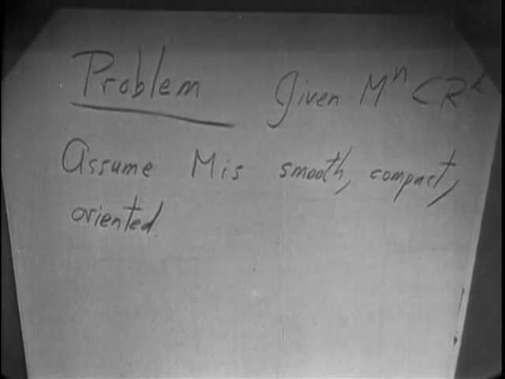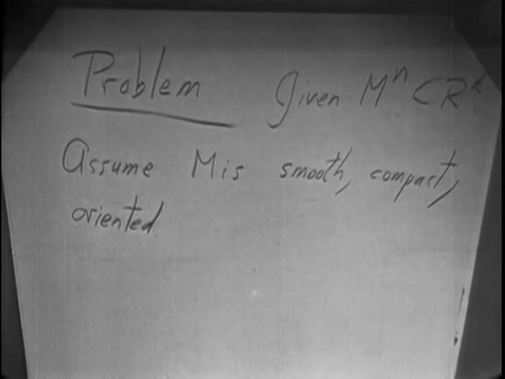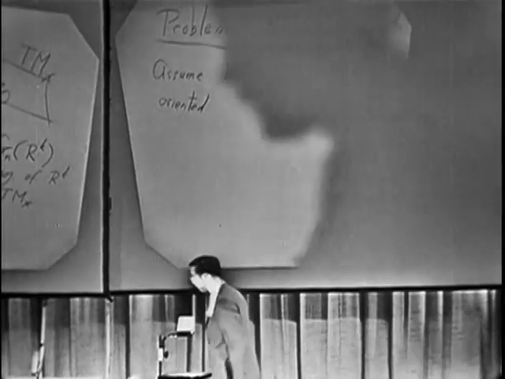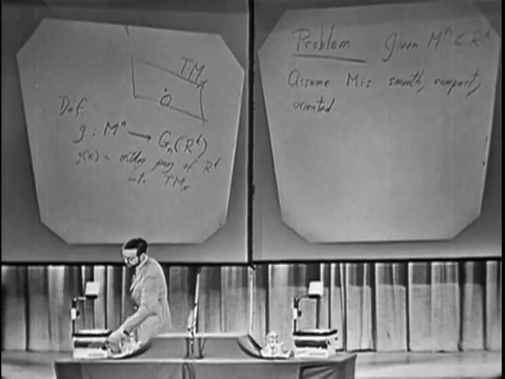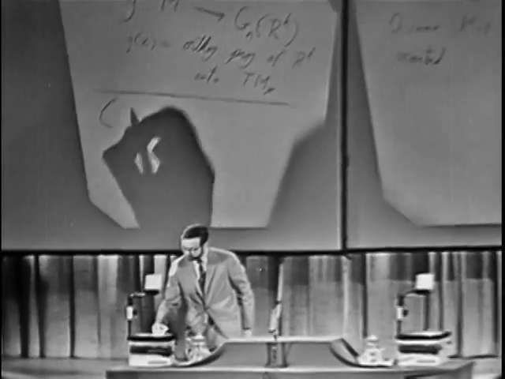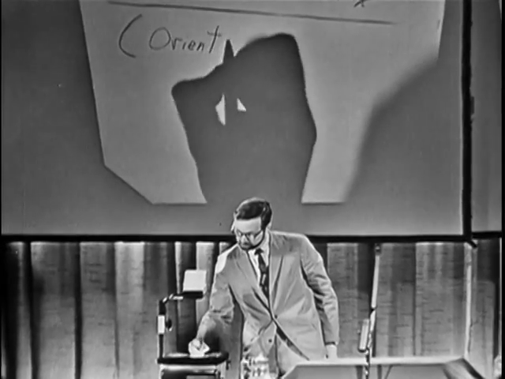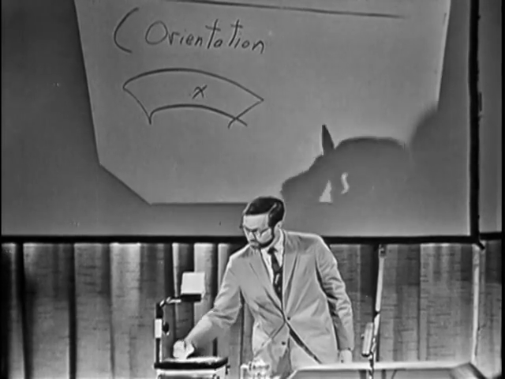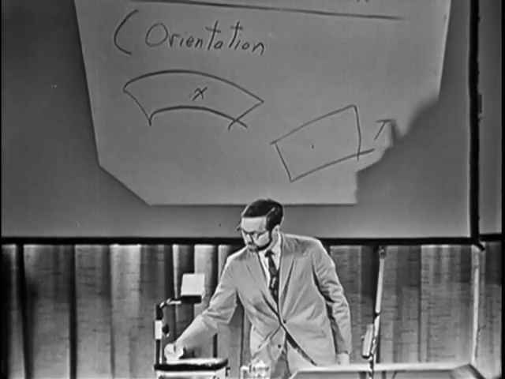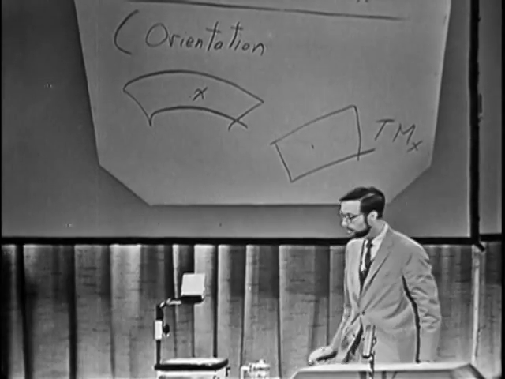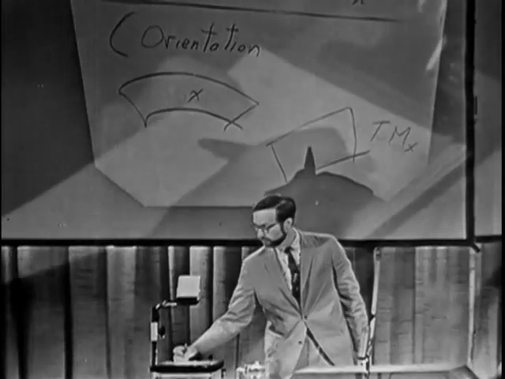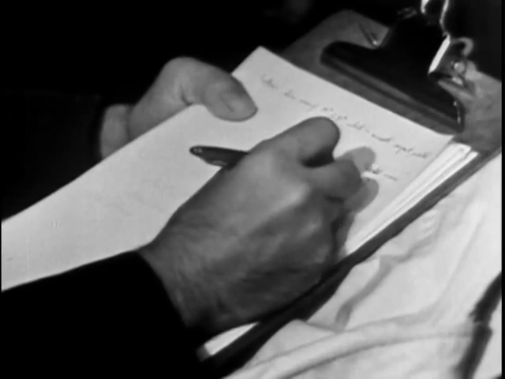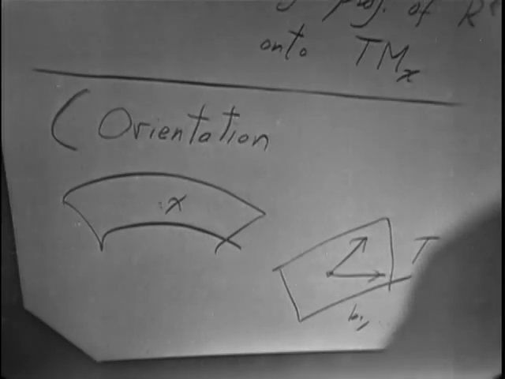Perhaps I should describe, I've used this word orientation several times, but I haven't actually defined it yet. Let me quickly give a definition of what I mean by an oriented manifold. So this is an aside. Orientation. If we have a smooth manifold, at a point x we have the vector space tangent to M at x. And an orientation for M at the point is simply an orientation for this vector space. By definition, an orientation for a vector space is given by an ordered basis, say b1 up to bn.